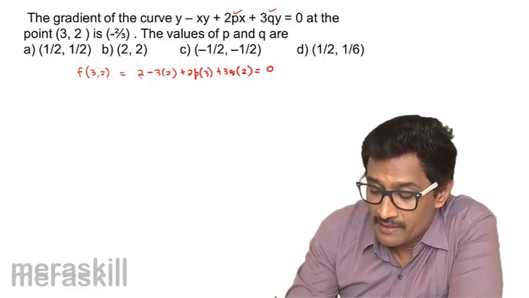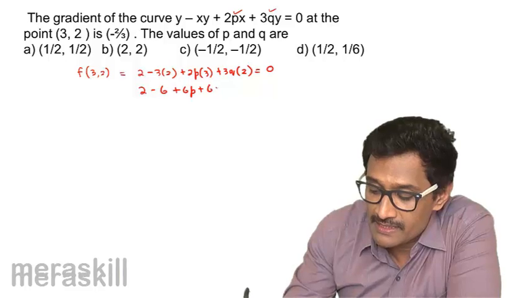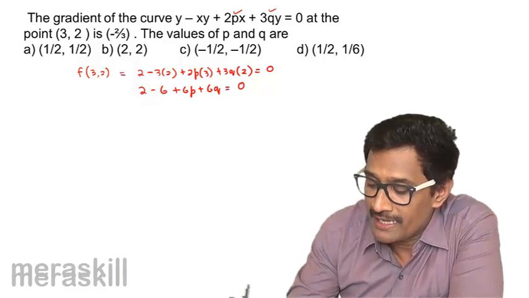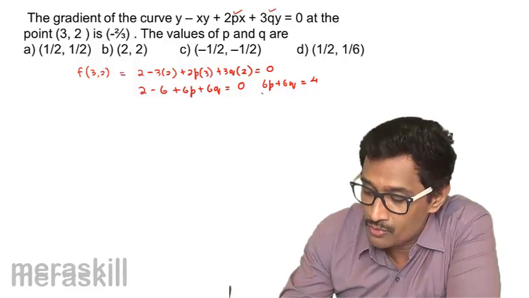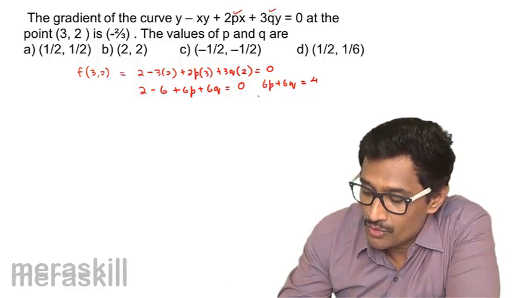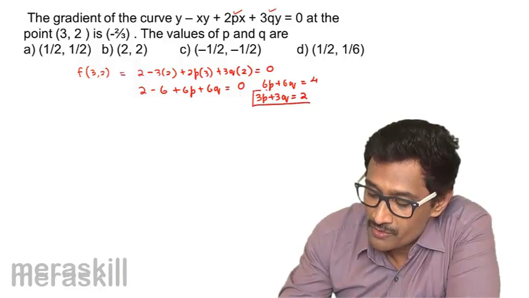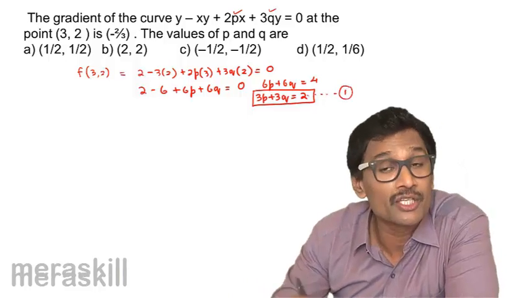So that means this gives you 2 minus 6 plus 6p plus 6q is equal to 0. So we have 6p plus 6q is equal to 4. You can divide by 2, and you get 3p plus 3q is equal to 2. So we get one relationship between p and q.